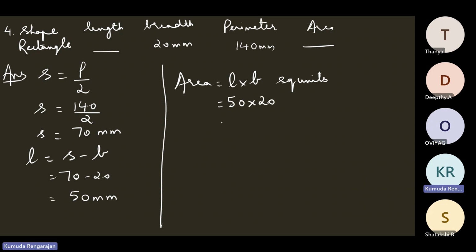Ma'am, 100, ma'am. Really? One second, ma'am. Ma'am, it is 1000, ma'am. What about the units? Millimeter square, ma'am. Very good. Very good, children. Good, Ovia. Thank you.